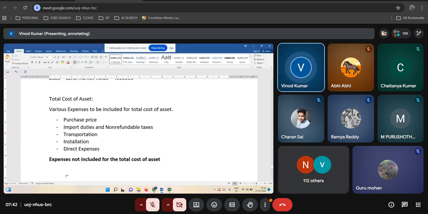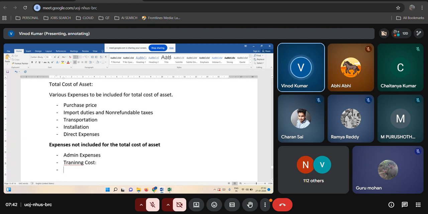If there are administration expenses, they are not included, and any training cost paid after installing that machinery, so the company paid some training cost, those are not to be included, guys.